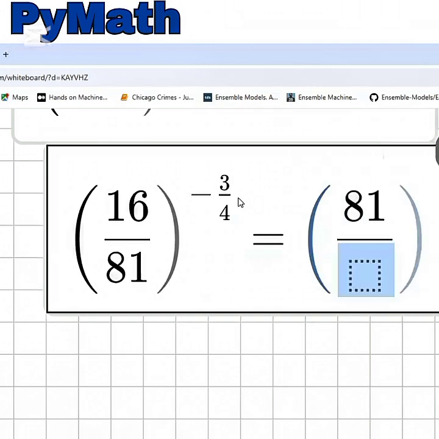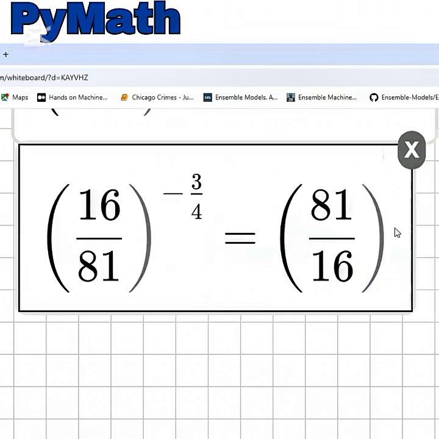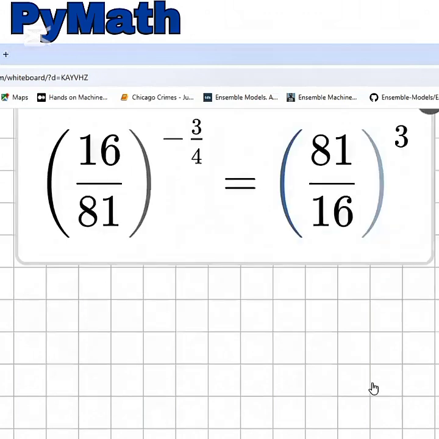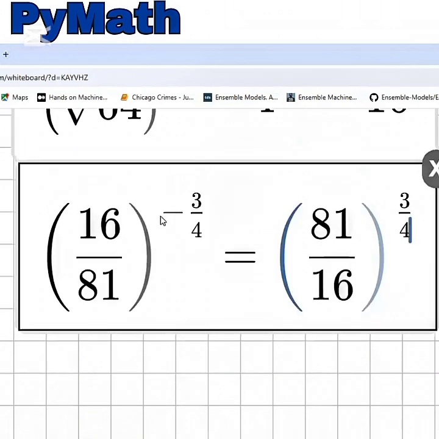To get rid of this negative sign, we take the inverse. So inverting this gives 81 over 16 raised to the power of 3 over 4, which brings us back to a positive fractional index.